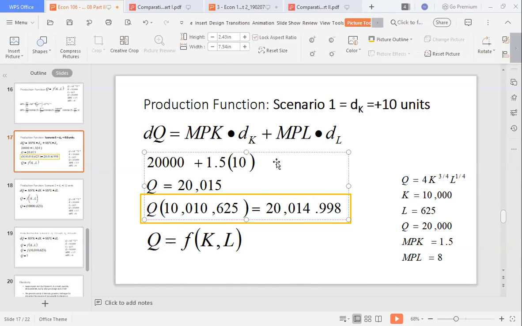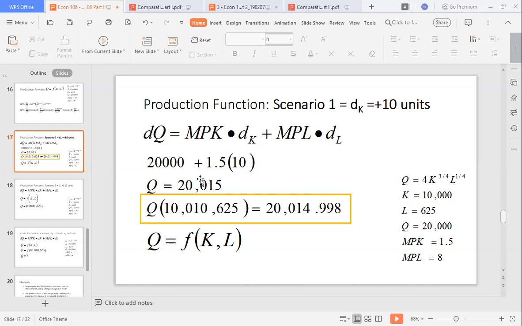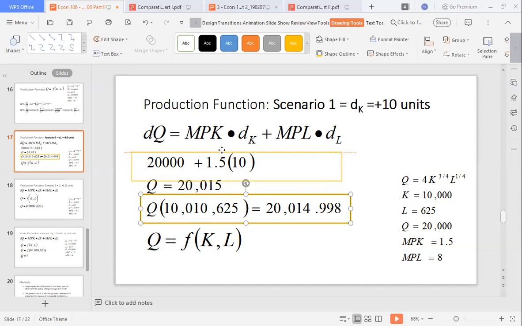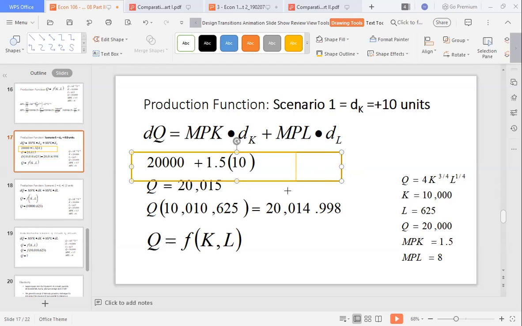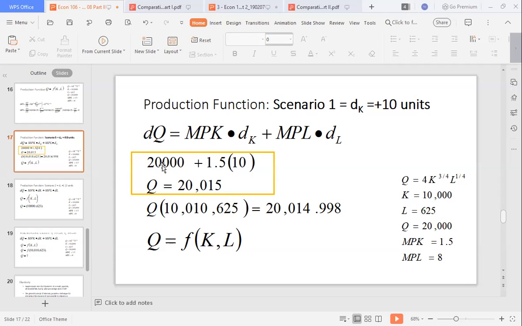So what happens is that there will be 2 methods to do it. The first method is this one. We start off with our initial output, which is 20,000 plus 1.5. What is 1.5?